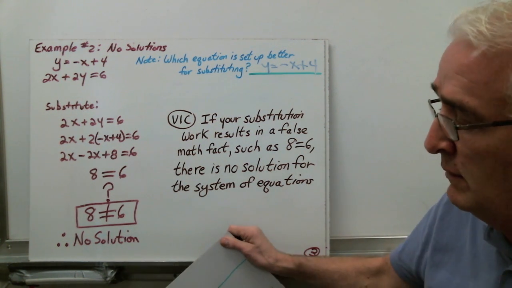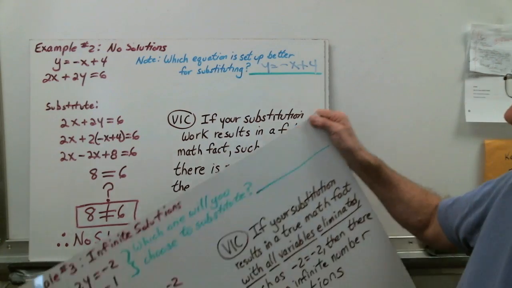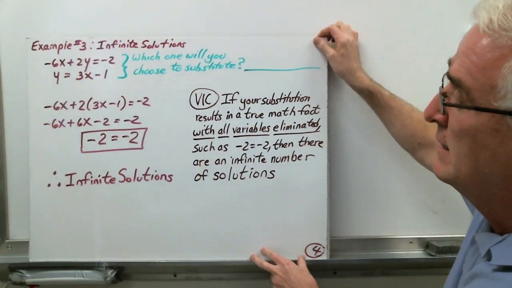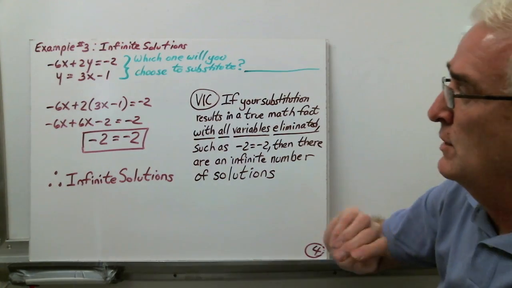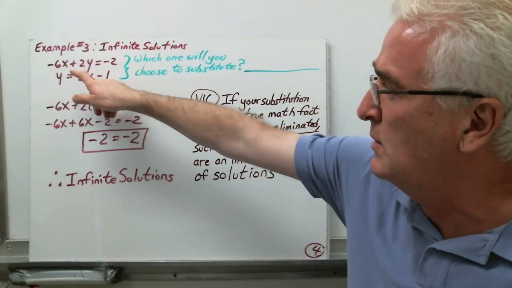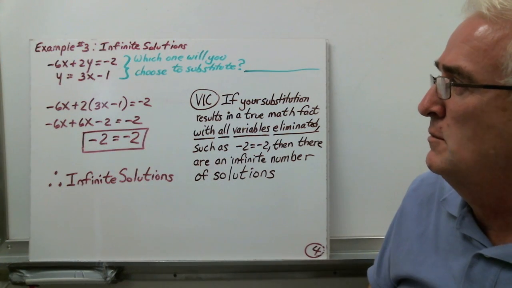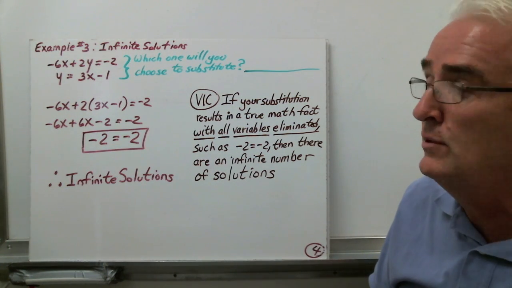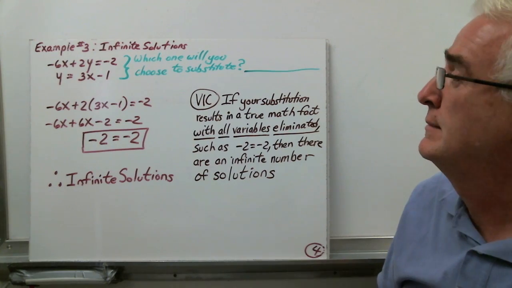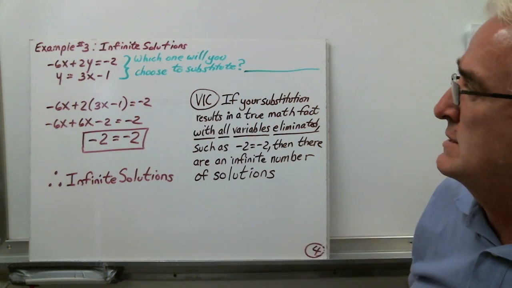Let's look at our last example that's going to give us a result with infinite solutions. We have two equations: negative 6x plus 2y equals negative 2, and y equals 3x minus 1. Which one will you choose to substitute?